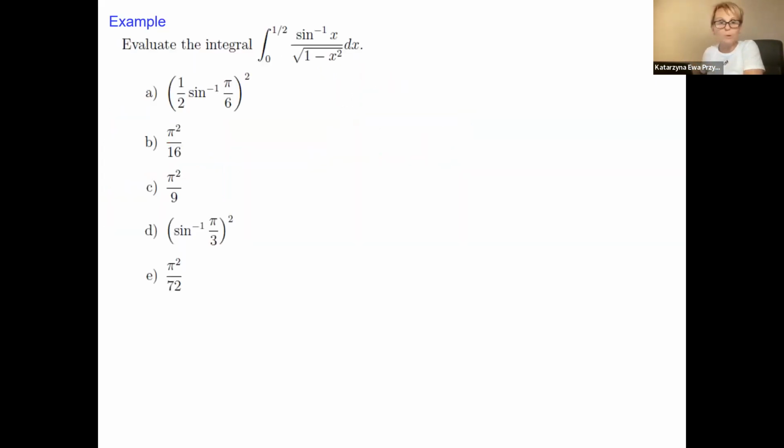Now this one, what will you do? Inverse sine of x over square root of 1 minus x squared. Also the U substitution, because the derivative is sitting there in the integrand.